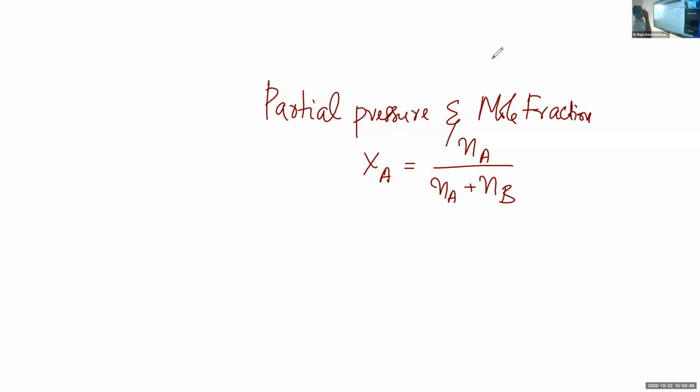In the first chapter we have studied, mole fraction is the ratio between the number of moles of the components and the total number of moles of all the components.